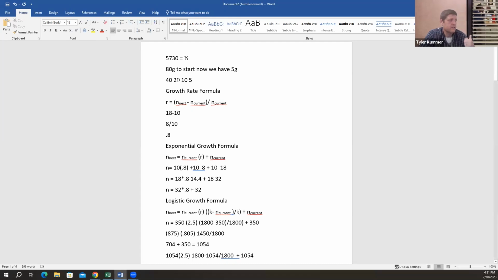To go from 40 to 20, there's another time period. 20 to 10, there's another time period. 10 to 5, there's 4 time periods, and the time periods are 5,730 each. So if we do 5,730 times 4, that gets us to about 23,000 years old. That's what you should have got for that one.